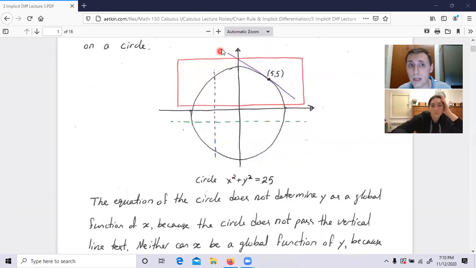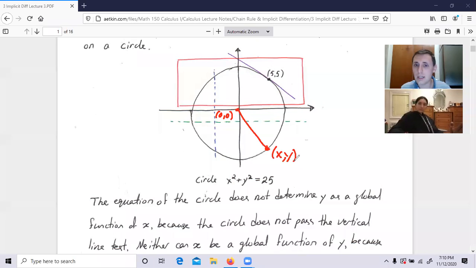Why in this case do I know it defines a circle? Well, because a circle is the set of points equidistant from the center. If I take the center to be 0, 0, and this to be an arbitrary point on the circle, I know by the distance formula, which comes from the Pythagorean theorem, that I can just draw a right triangle. Remember the Pythagorean theorem, guys. We proved it together.